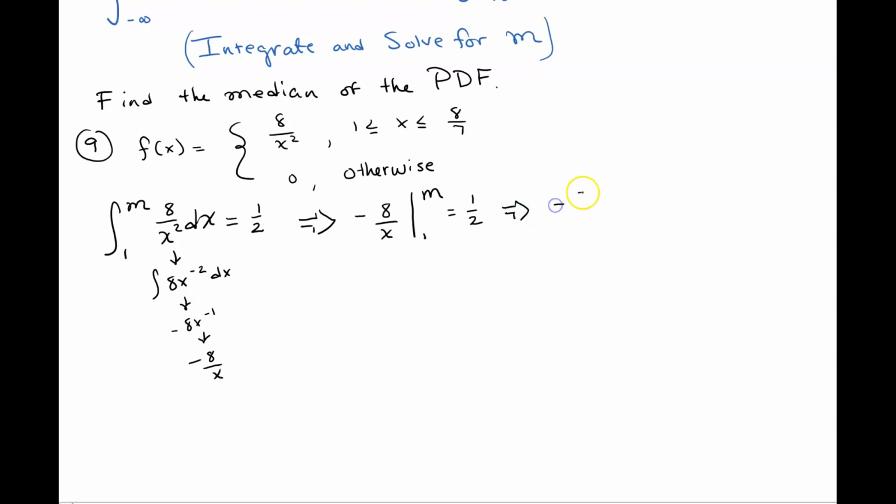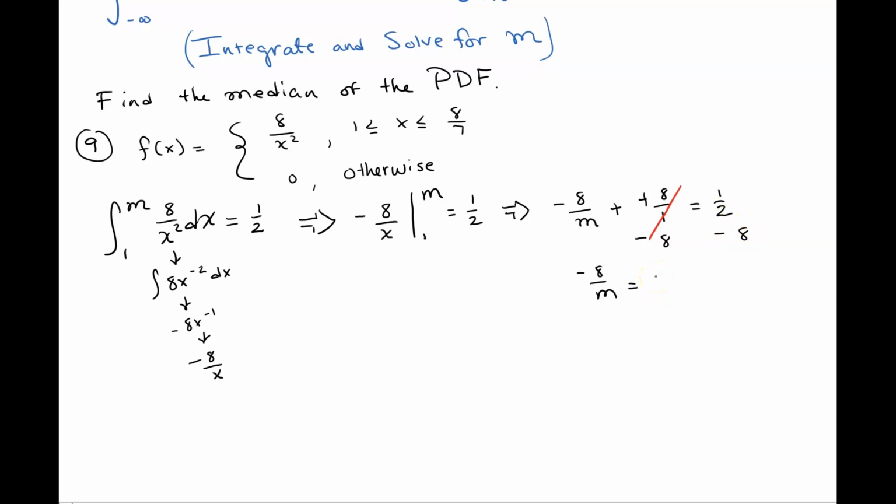And that is to say that I have -8 over m, minus a -8 over 1, which just becomes a +8. And I set that equal to 1/2. So I need to subtract 8 from here, and that cancels that out. I end up with -8 over m equals 1/2 minus 8, which is -15 over 2.